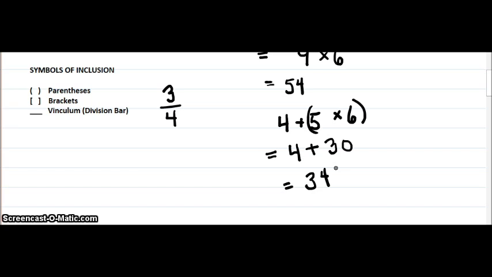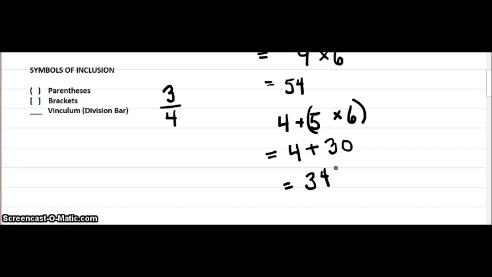The placement of the symbols of inclusion makes all the difference in the world, doesn't it? The different answers that we got result from the different placements of the symbols of inclusion. All right?